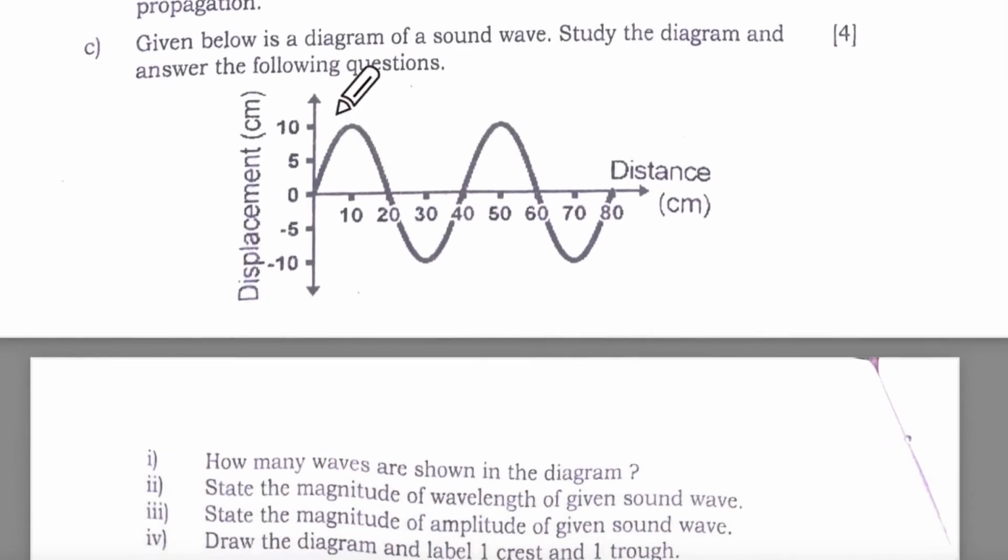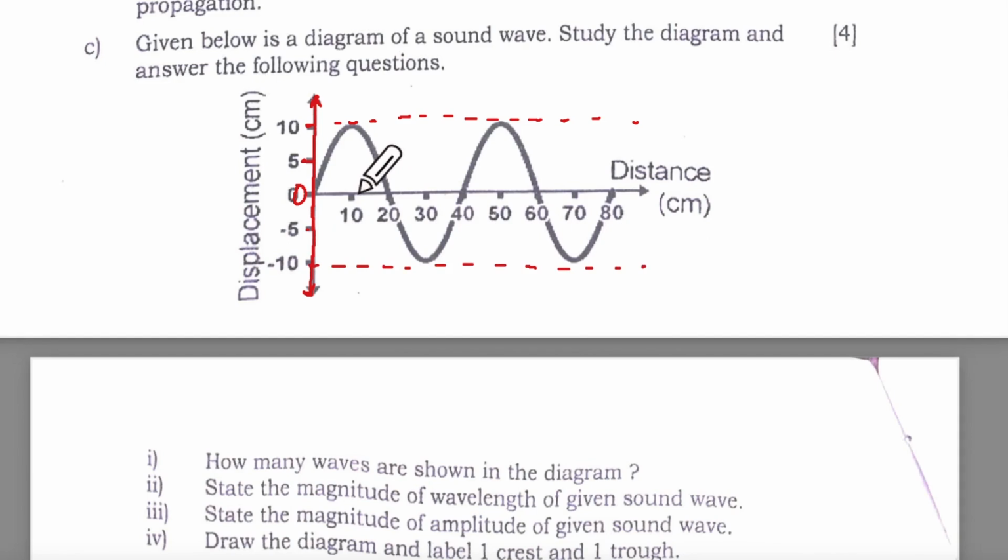Now for this you will have to show the diagram. So show a vertical line, show 0 and show this. Then show 5 and 10, and at 10 this could be the second line because you have a ruled page, then -5 and -10, and show it like this.